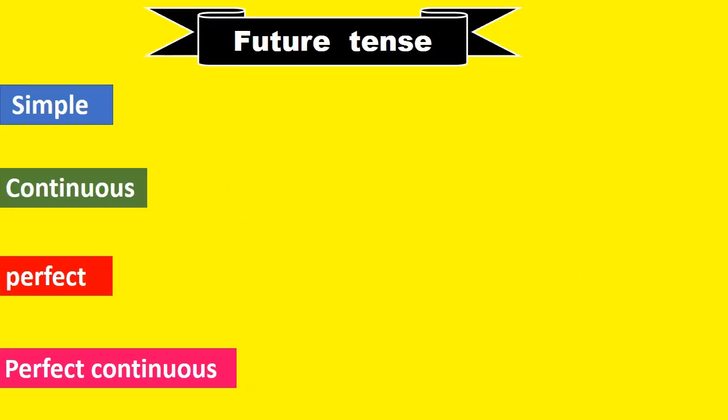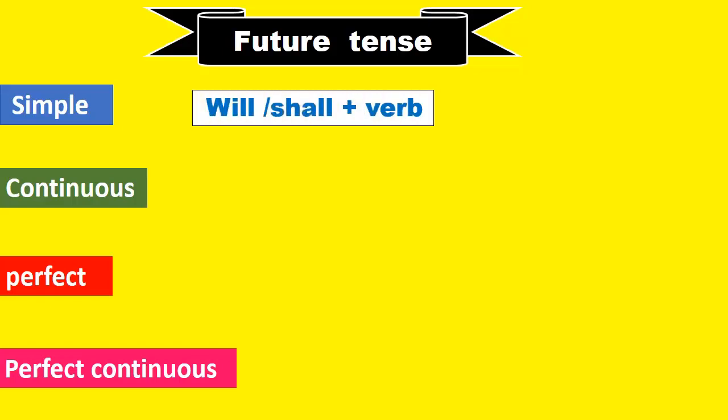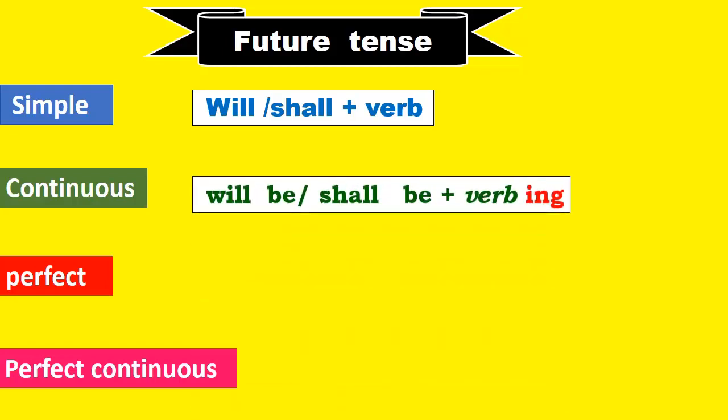Now future tense. For simple future tense, we are using will or shall plus the first form of verb or base form. For future continuous tense, we are adding be. So it will be or shall be plus verb followed by ing.